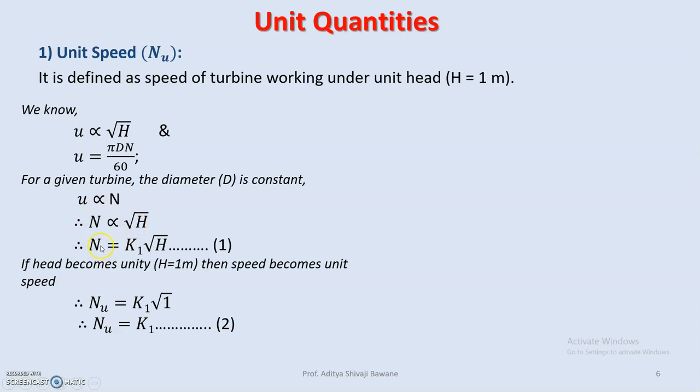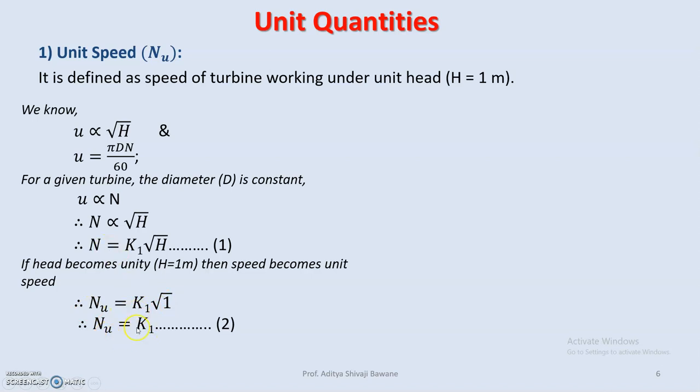Therefore N equal to K1 under root of H, removing the proportionality sign. When H becomes 1, the normal speed N becomes the unit speed Nu, so Nu equal to K1 under root of 1, that is Nu equal to K1.